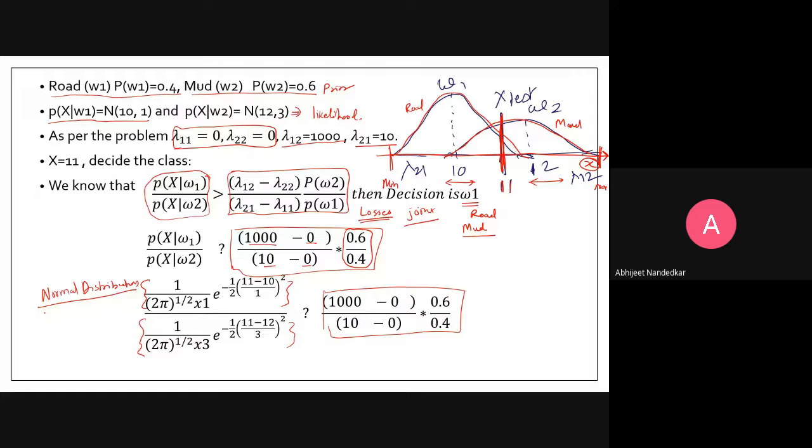The formula is the same: 1 by twice squared to the power half, into e to the power minus half into x minus mu divided by sigma, whole square. So you can simply substitute the values and then solve.